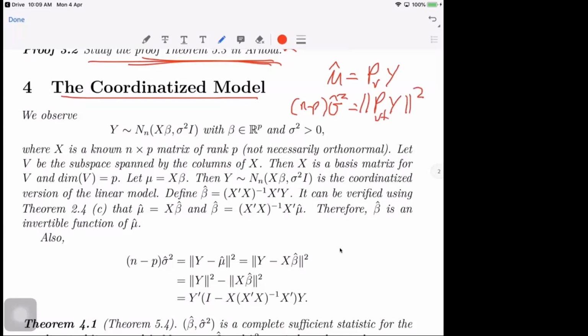So in the coordinatized version of the linear model, our mu is X beta. So equivalently, our mu hat will be X beta hat.